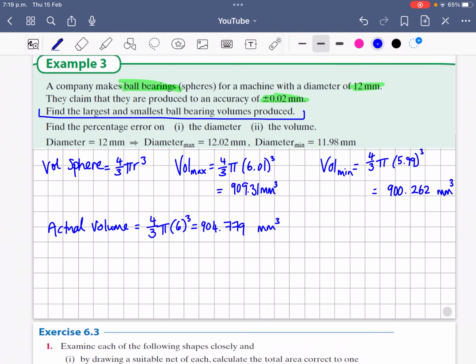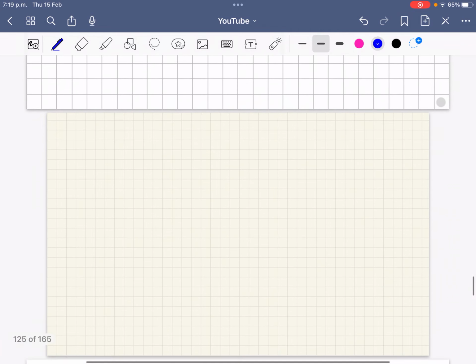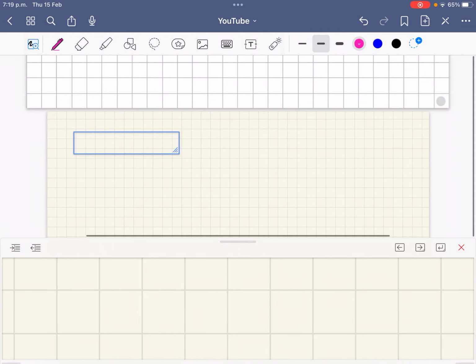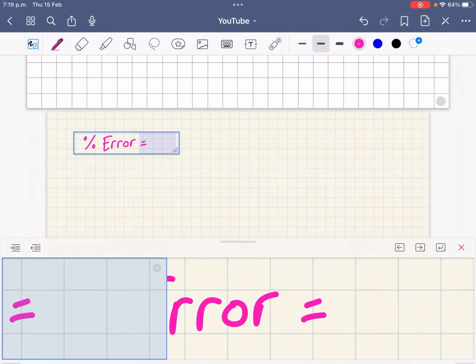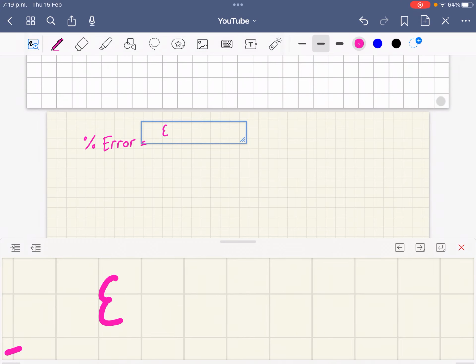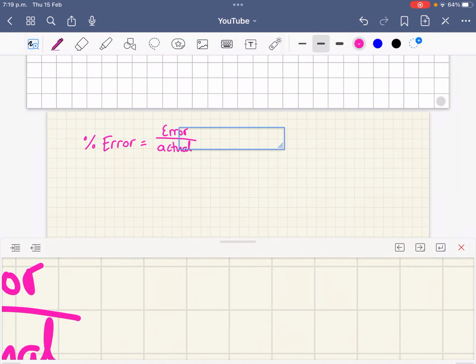And now if we just get the percentage error, I mentioned this in the last video, the percentage error is the error, so the difference in the two values, all over the actual value, and then write it as a percentage.